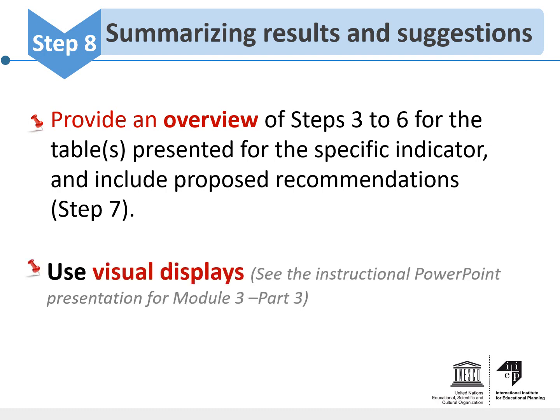It is also recommended to use visual displays to underline important features of key indicators, including tracking progress over time. Tips to identify the relevant graphs and to prepare them, taking into consideration their readability for the users, are discussed in the instructional PowerPoint presentation for Module 3, Part 3.